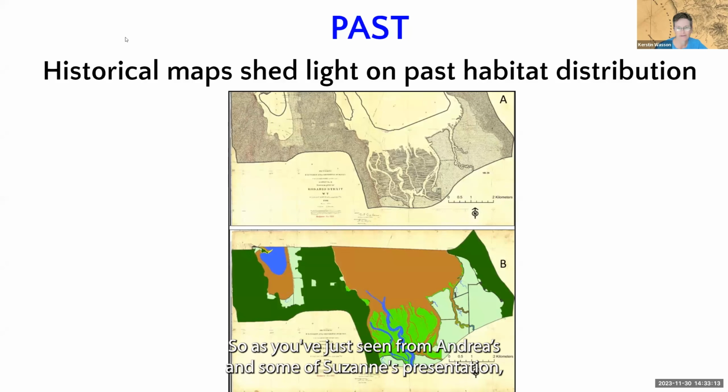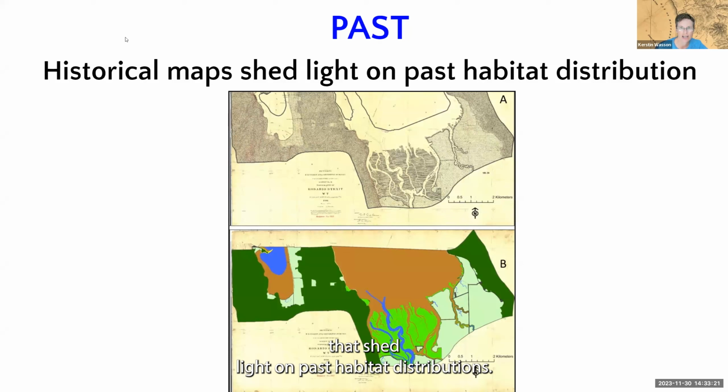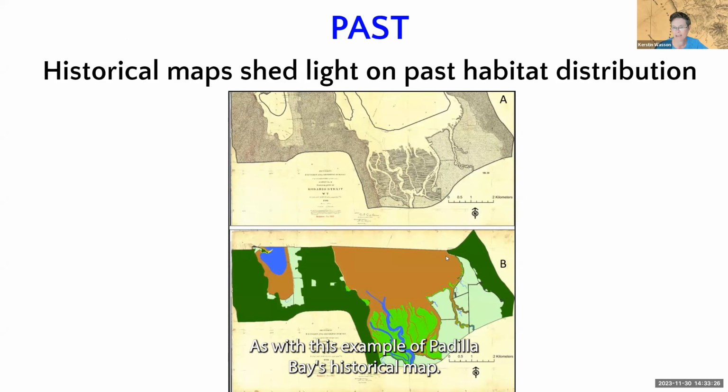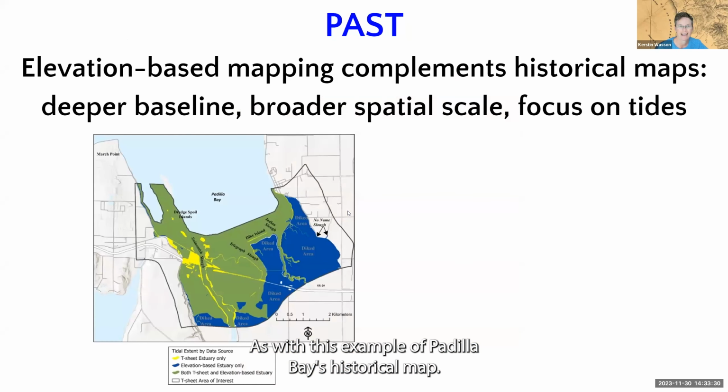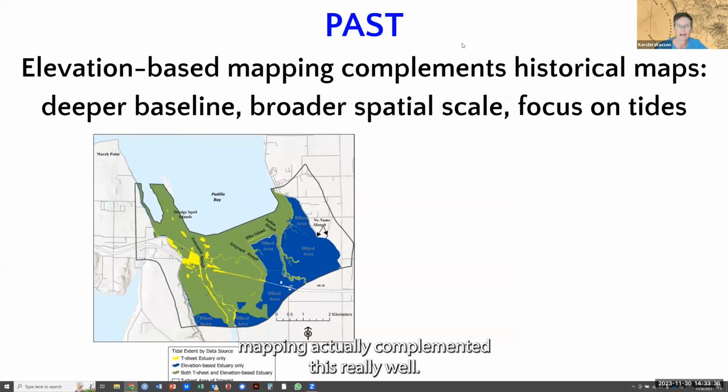So as you've just seen from Andrea's and some of Suzanne's presentation, these historical maps are really treasure troves that shed light on past habitat distributions, as with this example of Padilla Bay's historical map. But what you may be more surprised to hear is that elevation-based mapping actually complemented this really well.